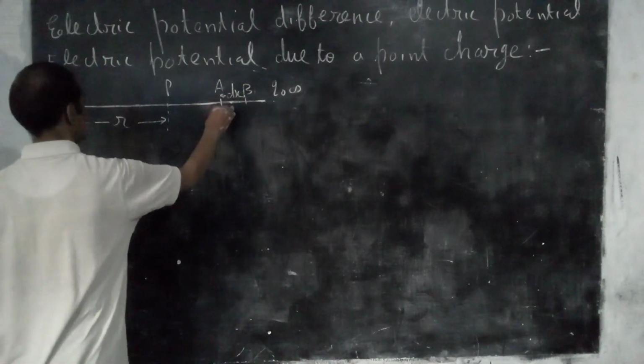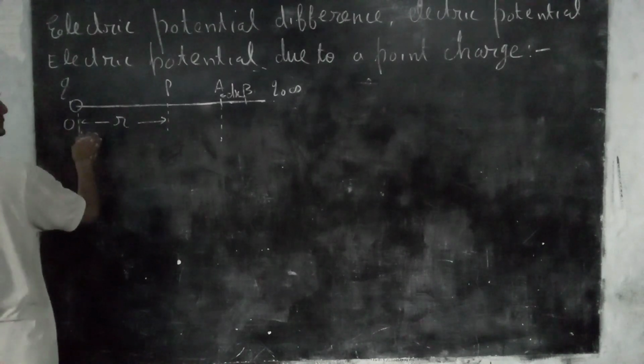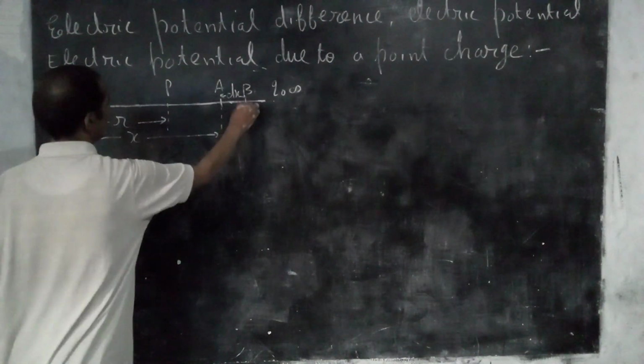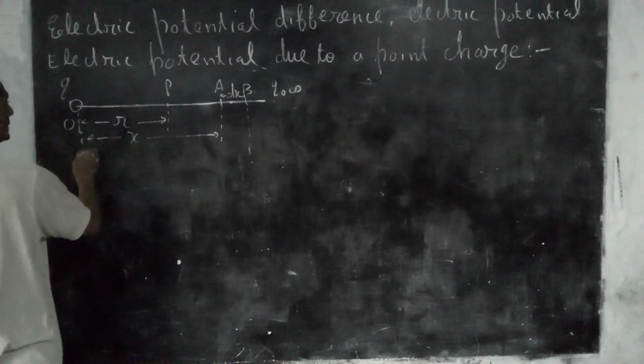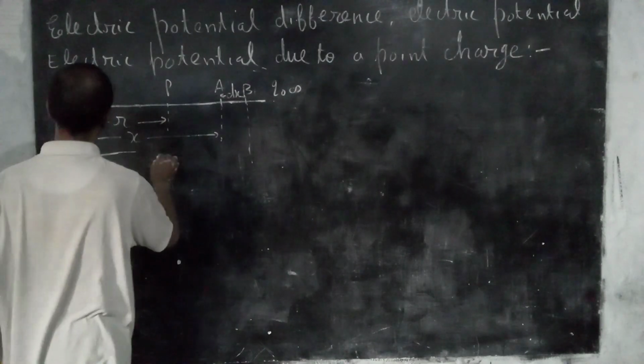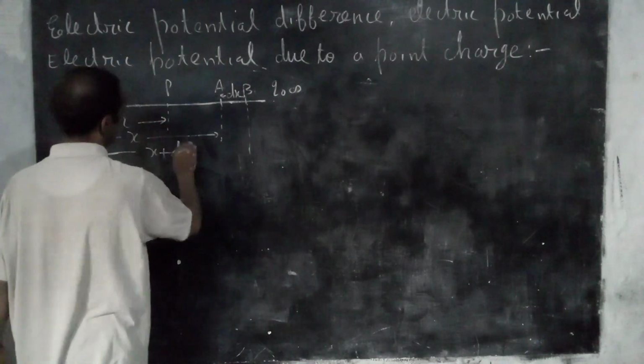So let the distance of point A be x, and the distance of point B from the given charge Q is x plus ds.